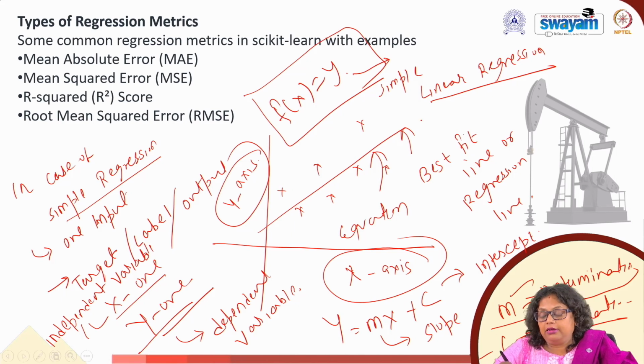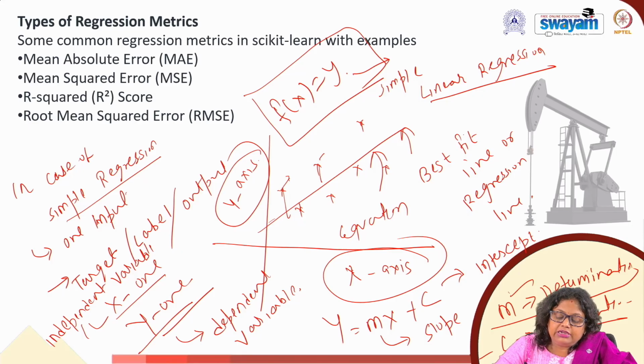For that, by putting these two values m and c, my straight line should be considered a best fit line. So what is the best fit line? All these values we have are the observation points.